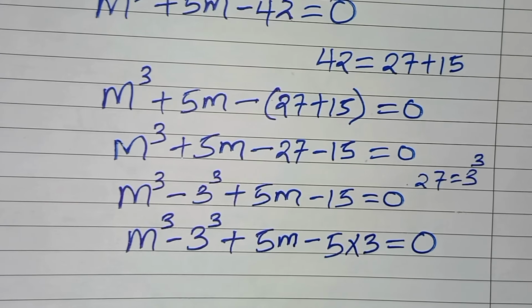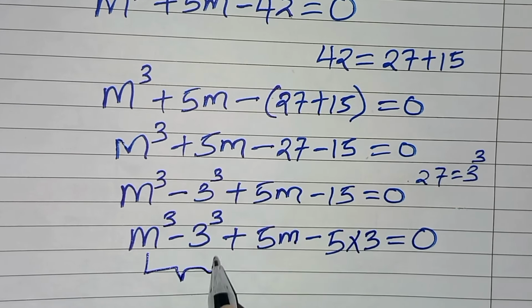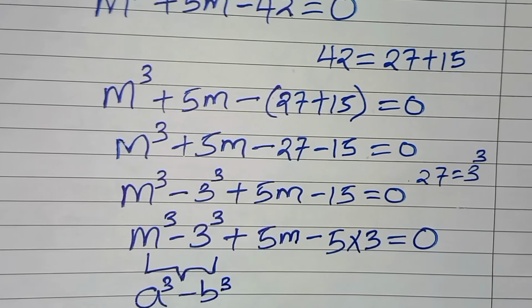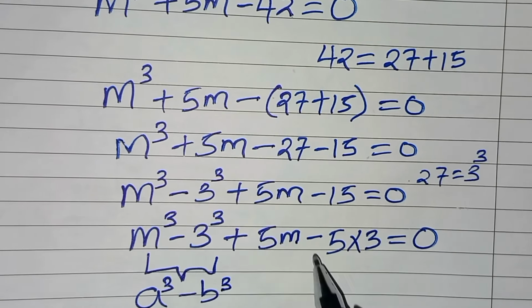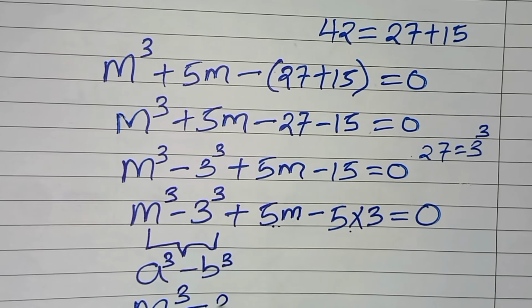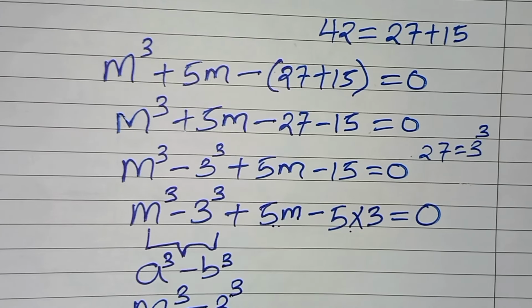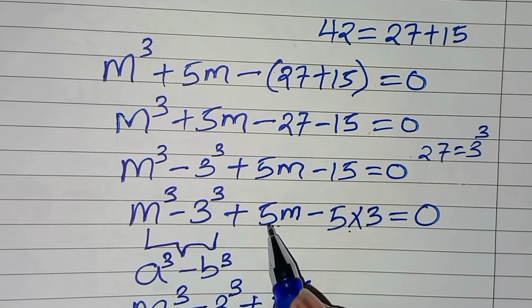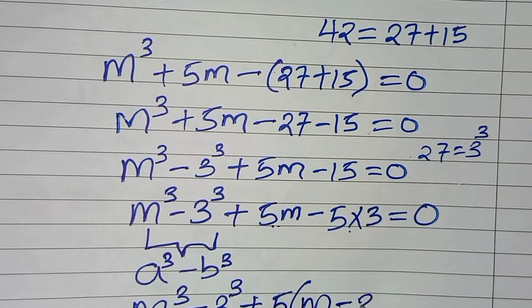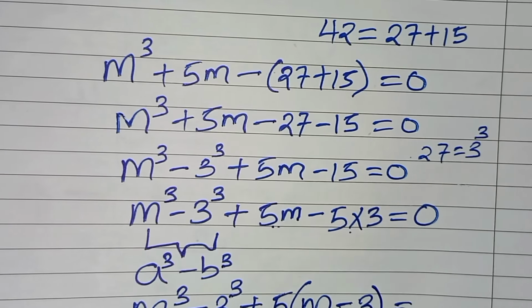Now the next step here, you find that the first part is actually the difference of two cubes, expressed as a cubed minus b cubed. And here, we have that 5 is common. So that means this is the same thing as m to power 3 subtract 3 to power 3, plus 5 is common, so we can factor out 5, so that we'll have m subtract 3, and this is equal to 0.